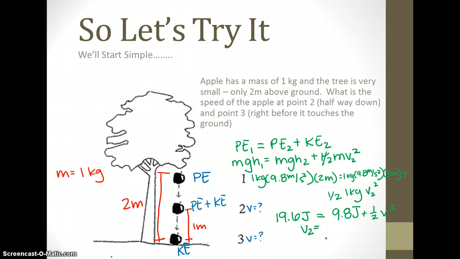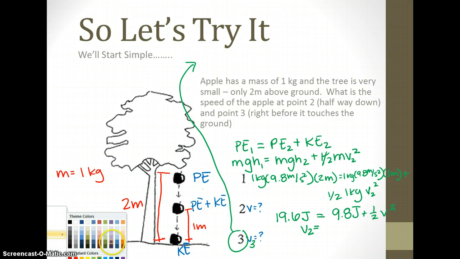Then, for V3, let's do V3 solving this problem up here. I'm just going to set it up, and I, again, would like you to finish the problem. Try right now, see if you can get some of this set up, because this is the major idea here.